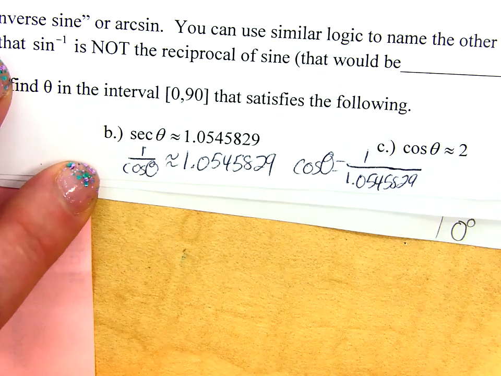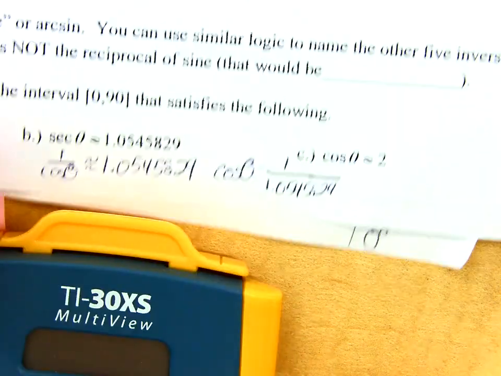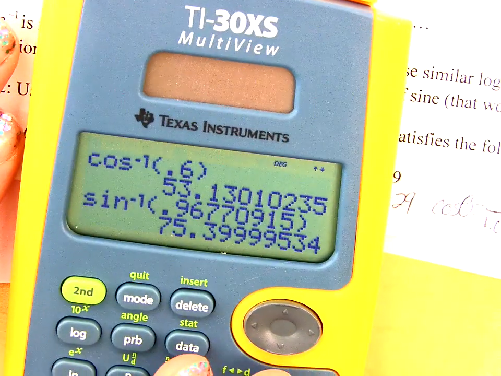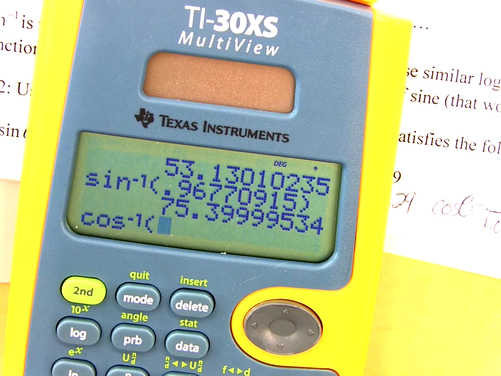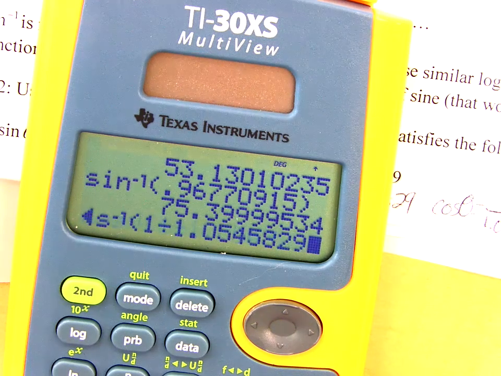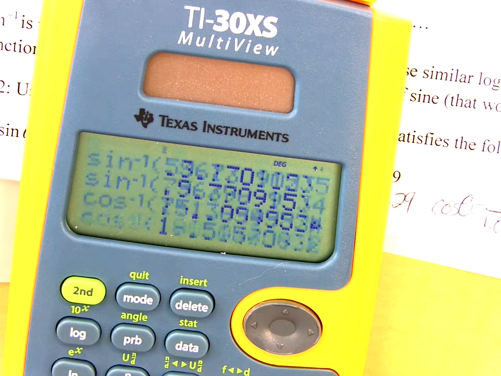And now I can put that in the calculator, I just have to be careful. What do I hit first? Yeah, I do need to do second cosine. So watch how we type this in. Second cosine, and now I need to do 1 divided by that crazy decimal. 1 divided by all that business, 1.0545829. Close your parenthesis, and let's hit enter.